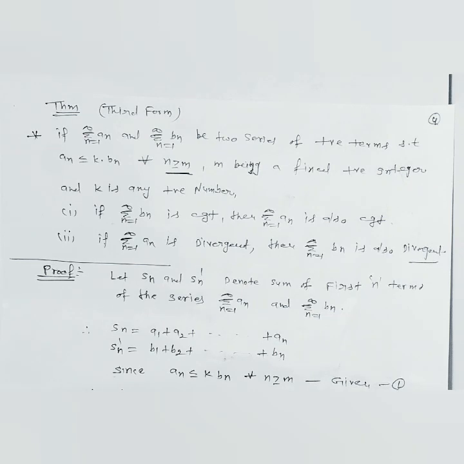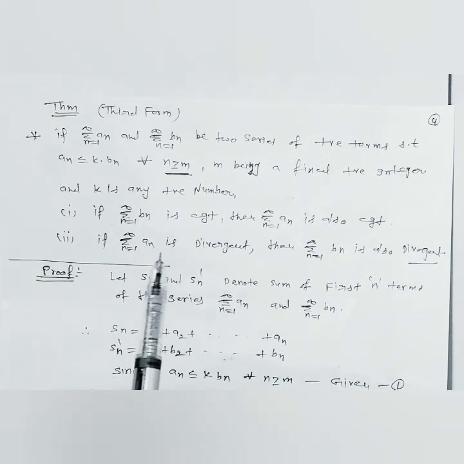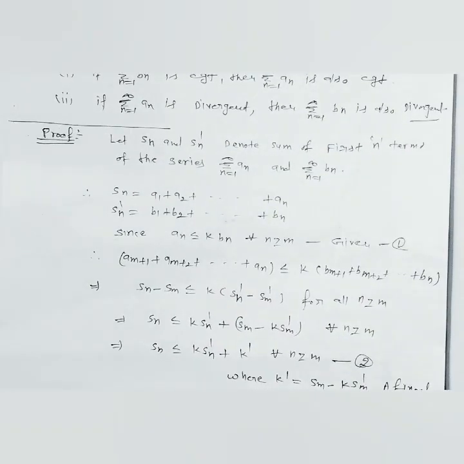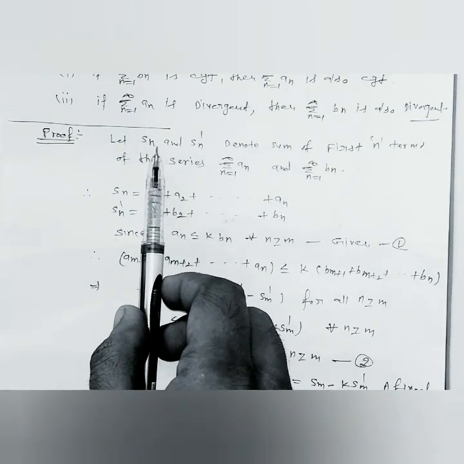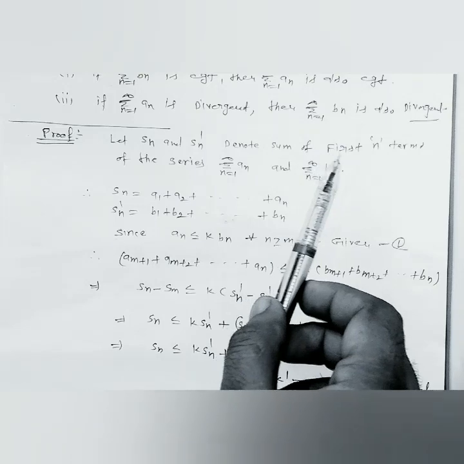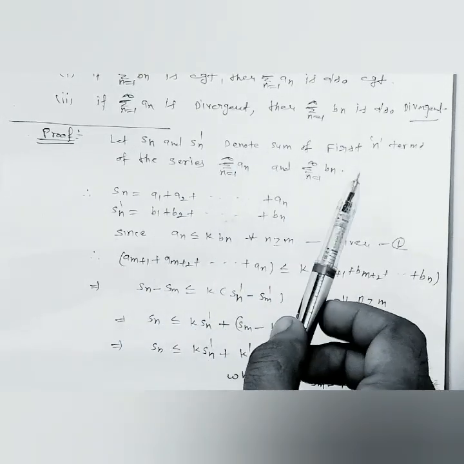The first form and the third form are almost similar. The first form is true for all n, and the third form is true for all n greater than or equal to m. So their proofs are similar. To prove this, let us consider Sn and Sn' to denote the sum of the first n terms of the series an and bn respectively.